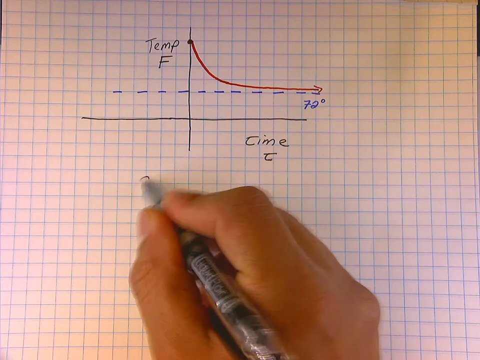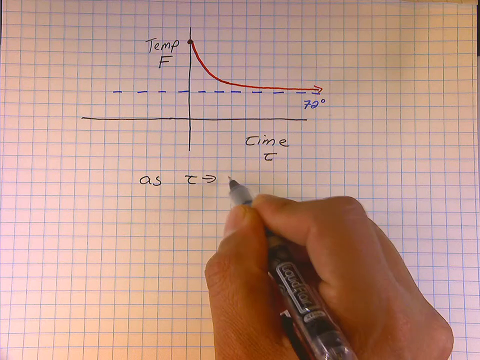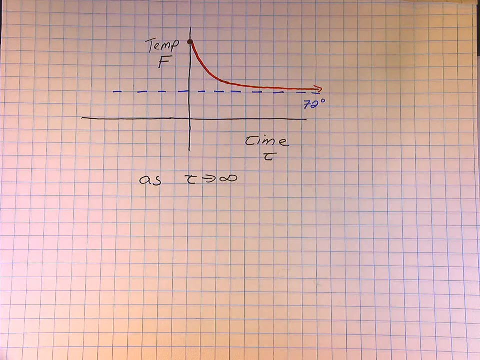So, I can say, as we move forward in time, and basically we're not at infinity, we're just saying it can go forever and ever as long as we want to let it go.